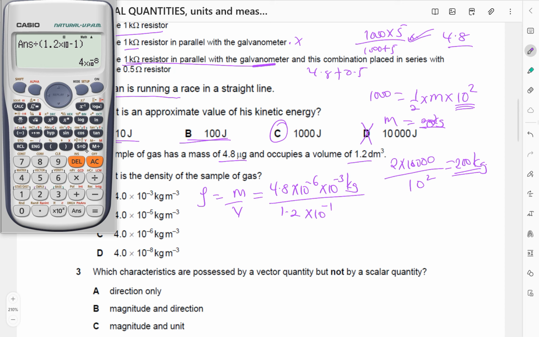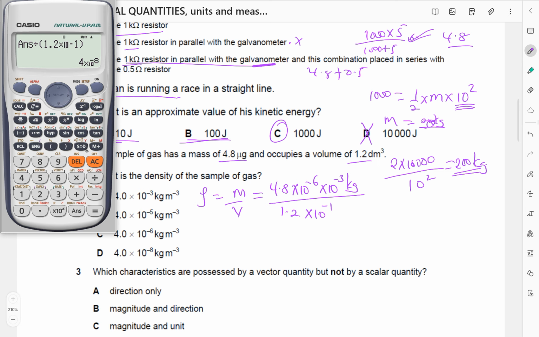Is it? Let me check it again. Sorry, this is decimeters cubed, not decimeters.